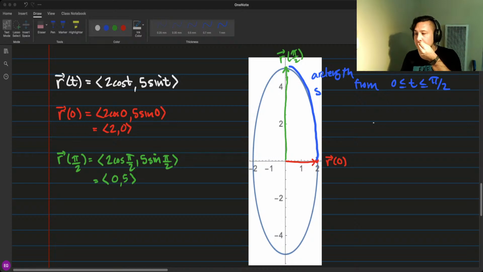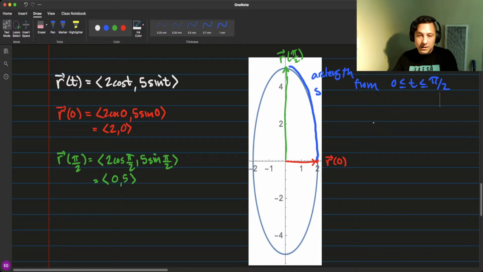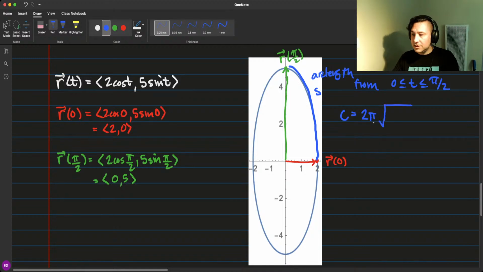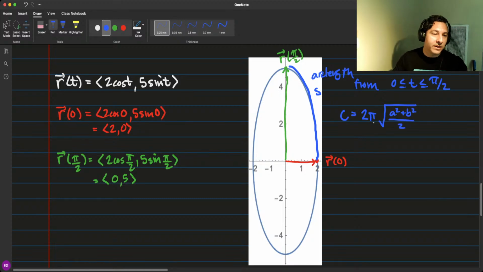Anyone happen to remember? There's actually a pretty nice formula for it. I'm looking it up. It involves a and b. So the circumference of an ellipse is equal to 2 pi square root of (a squared plus b squared) over 2, where the a and the b are the numbers in front of sine and cosine, the major and minor axis.